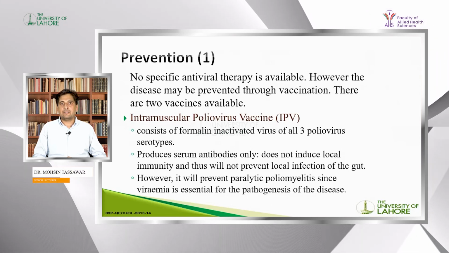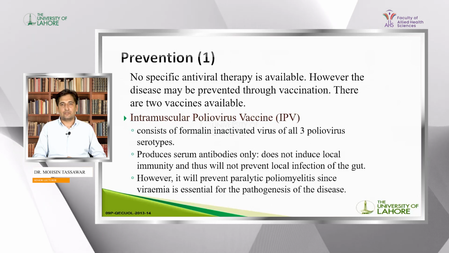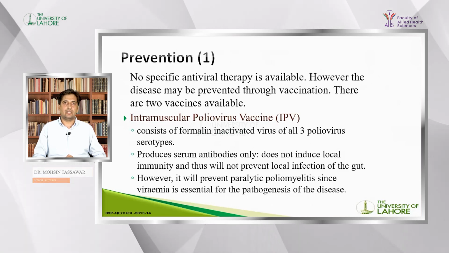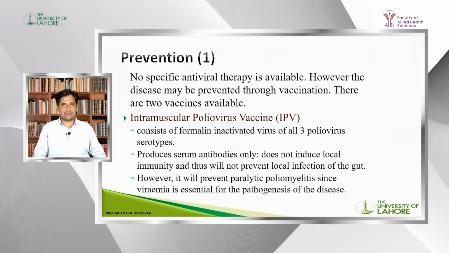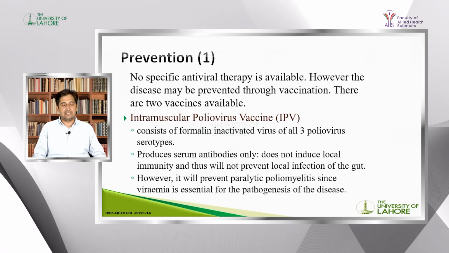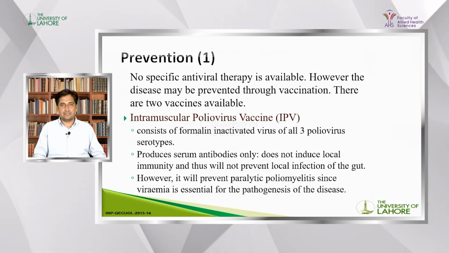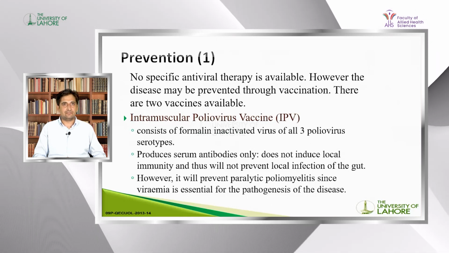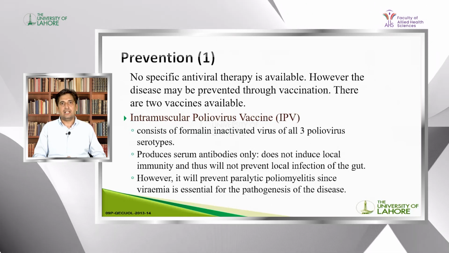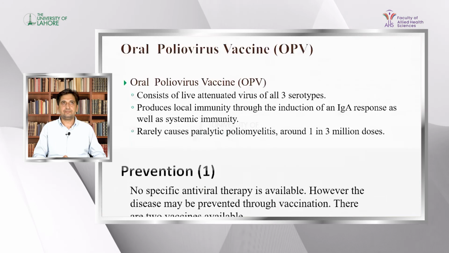However, it will prevent paralytic poliomyelitis since viremia is essential for the pathogenesis of the disease. So in simple words, if you are using IPV, maybe in some cases a patient can get minor symptoms of the polio, but viremia will not develop, so there will be no chance of paralytic poliomyelitis.